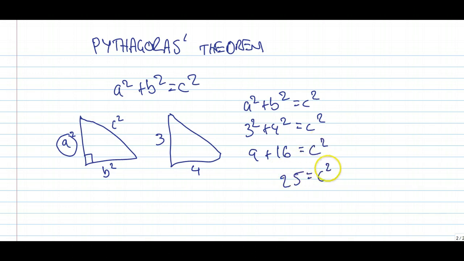So 25 equals c squared. To get c on its own and find the value of c, we've got to take the square root of both sides. The square root cancels out the square. The square root of 25, if you put it into a calculator, is 5. So c equals 5. And obviously we could use Pythagoras' theorem to find any of the three sides. As long as we have two, we can find the other one.